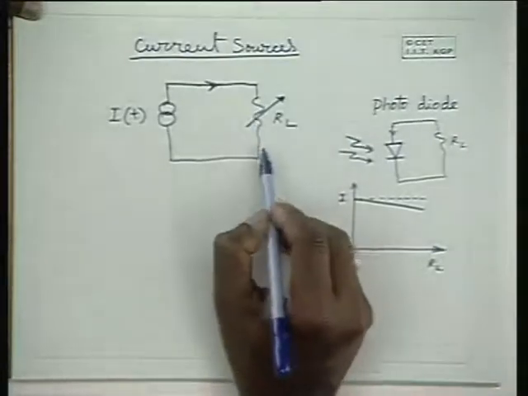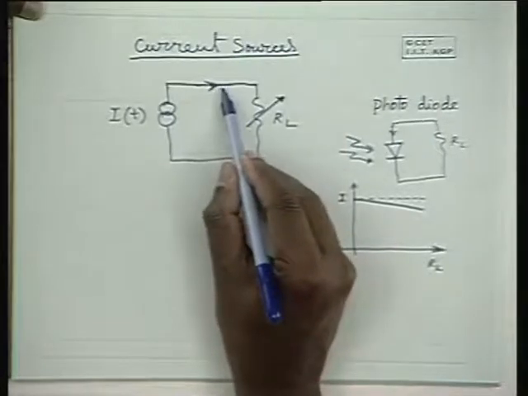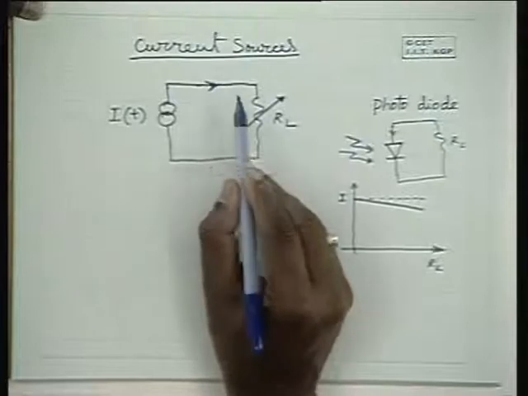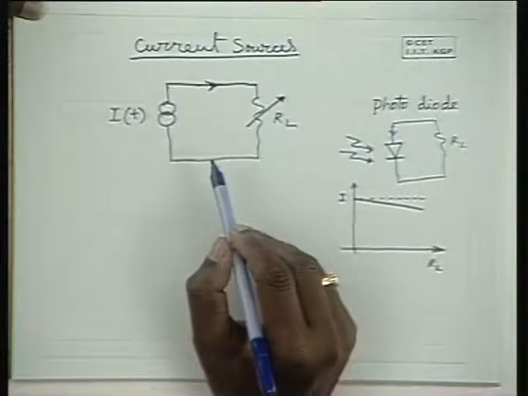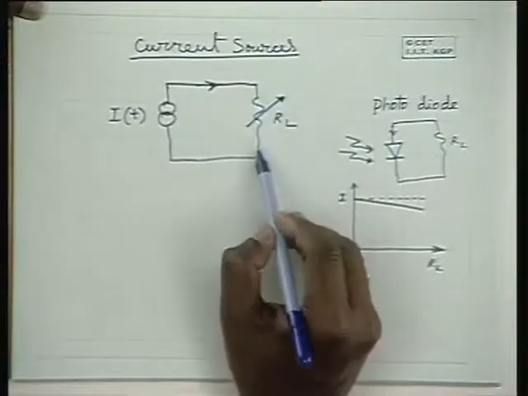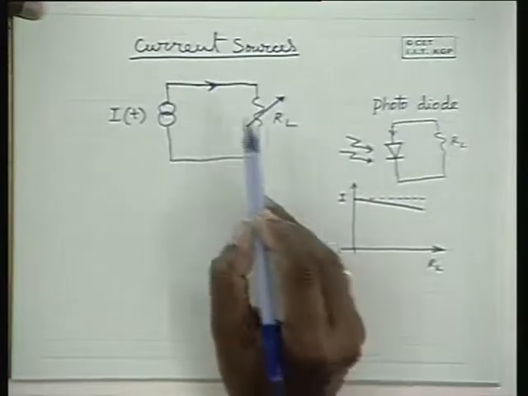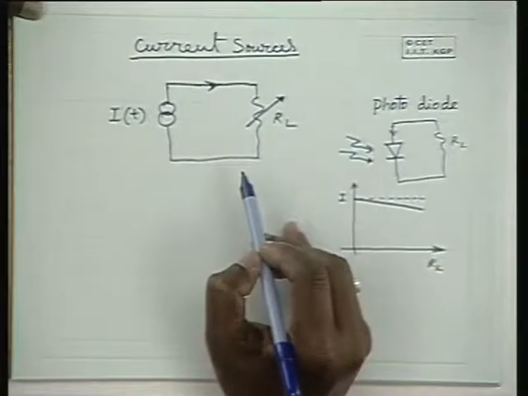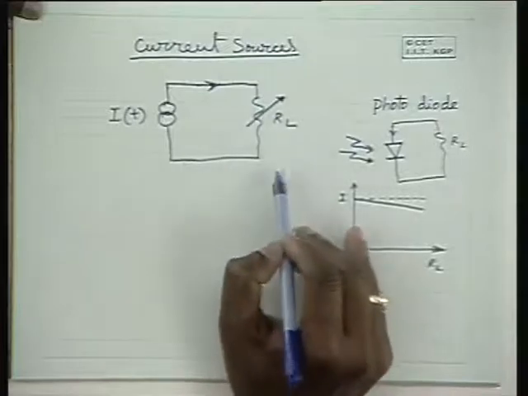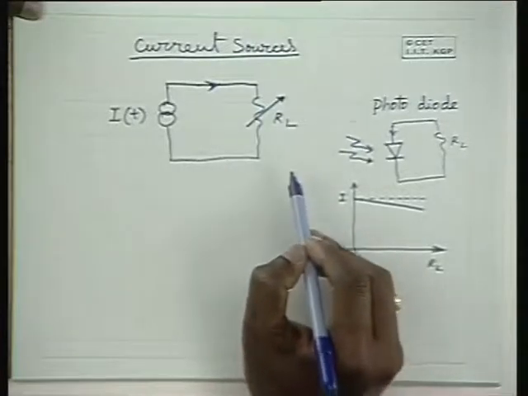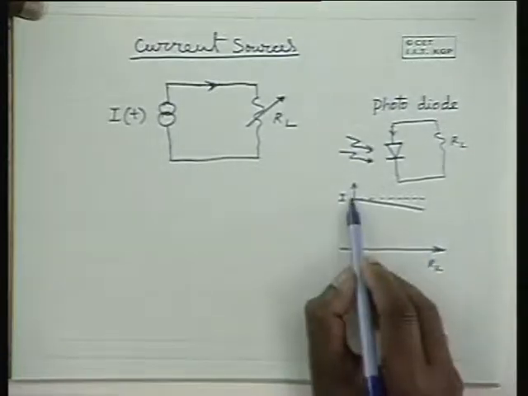If the load resistance is infinity, that means if you open circuit here, for the same current to flow through, how much should be the voltage drop? The voltage would be infinity. When the load resistance is infinity, if you want the source to drive the same amount of current through it, the voltage should be infinity to drive the constant current through an infinite resistance. No source can give you infinite voltage at its output. Therefore, with increased load resistance, the current falls.